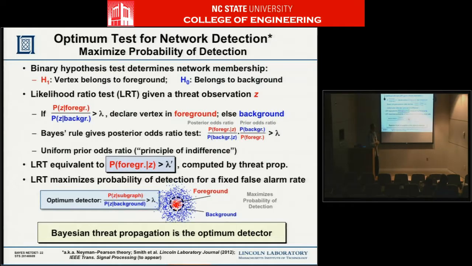So if you can compute threat that way, you are computing the Neyman-Pearson solution to the detection problem, and therefore you've got an optimum network detector if threat propagates according to this random walk model. That's pretty much it. If threat propagates according to that model, it's optimum. So yes.